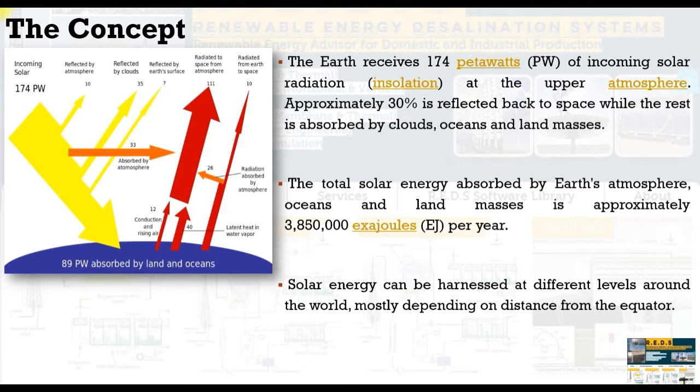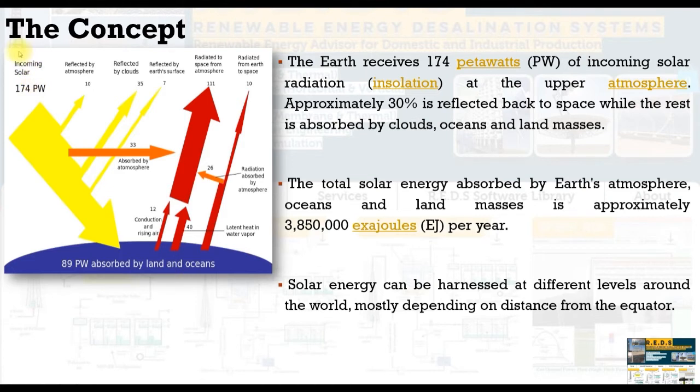Therefore, solar energy can be harvested at different levels around the world, mostly depending on distance from the equator or the solar beam.